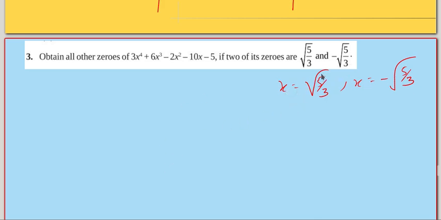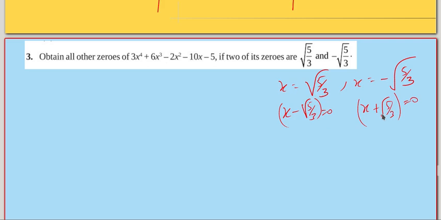Okay, so x is equal to square root of 5 by 3 means x minus square root of 5 by 3 equal to 0, and x equal to minus square root of 5 by 3 means x plus square root of 5 by 3 equal to 0. Okay, so these two are the factors. This is a factor of the given polynomial, and this separately is a factor of this polynomial.